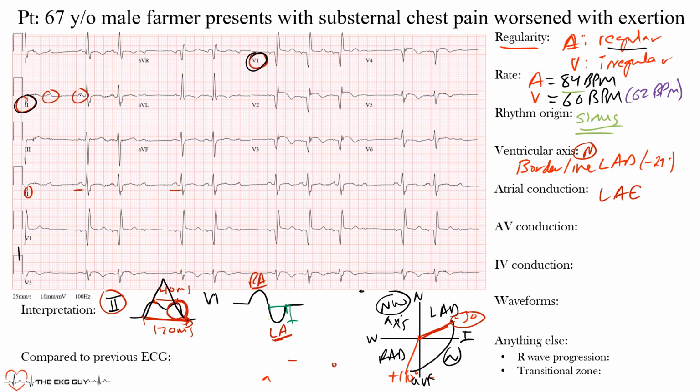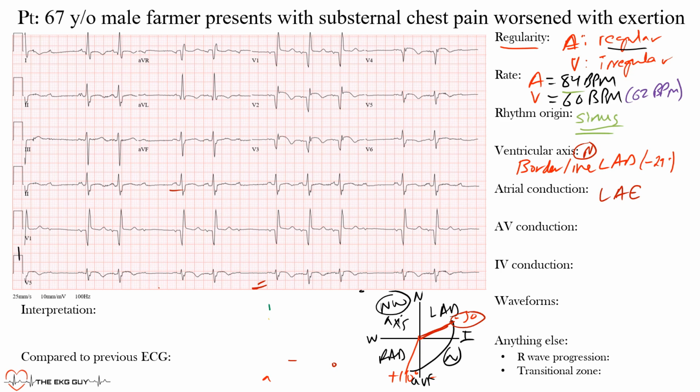All right, so now we have AV conduction, okay? There's a lot here in this EKG that you can already start to see. So AV conduction, we said that we have P waves, but some of them are not followed by a QRS complex, meaning that we have dropped beats, okay? And what we have here is a P wave, a dropped beat, a P wave, QRS, P wave, QRS combo, okay?